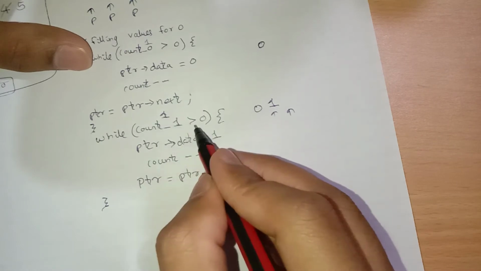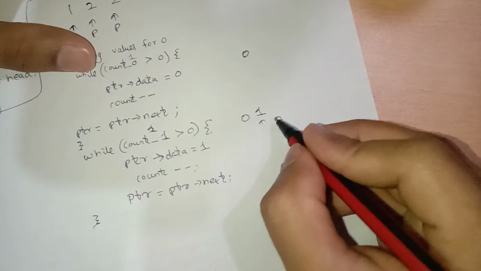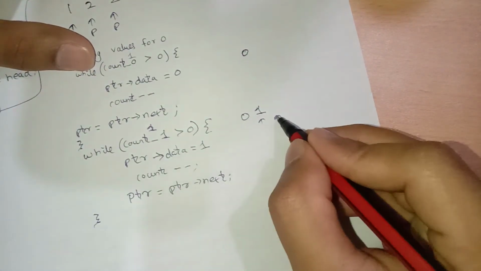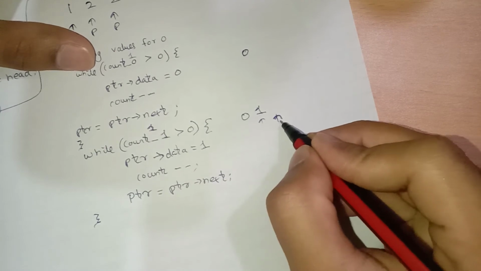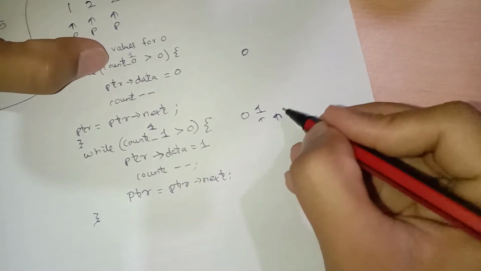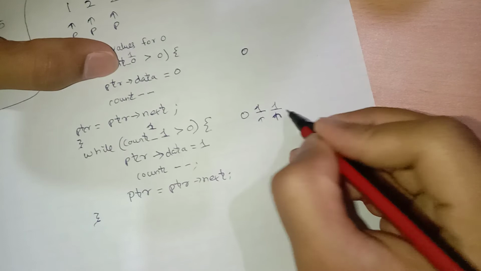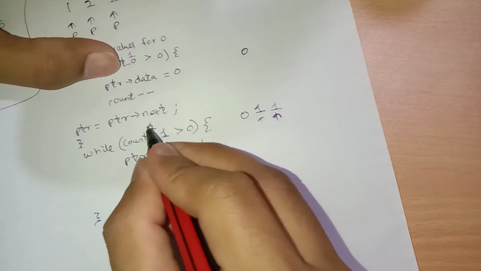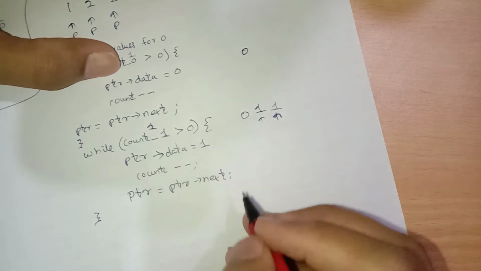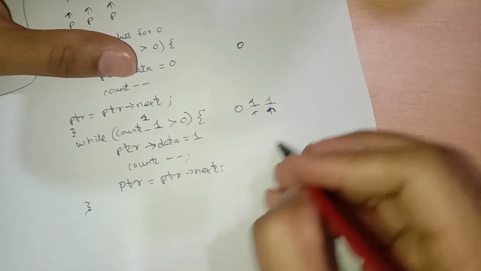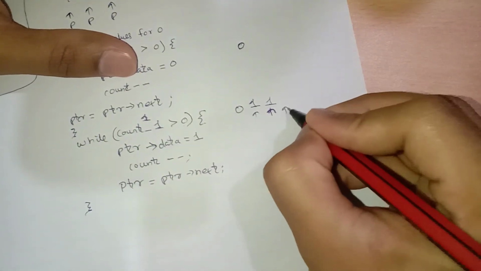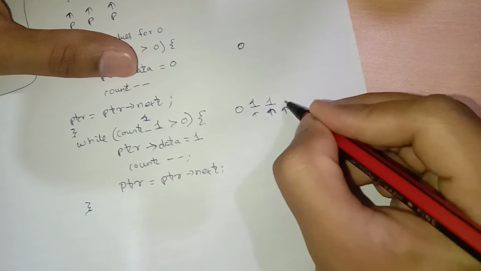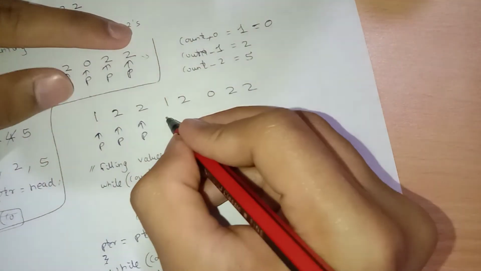So 1 is greater than 0, so as the pointer is at this position, we will put the data value as 1 here. Now we will decrement the count and the count becomes 0, so 0 is greater than 0, no, so we will go to the next position and our pointer is pointing to this node.